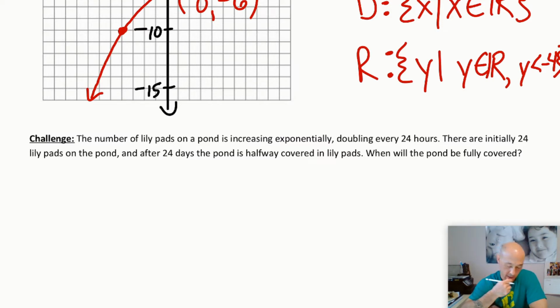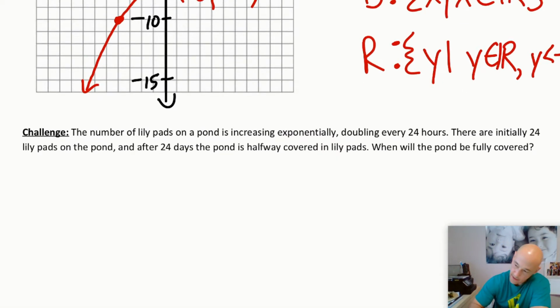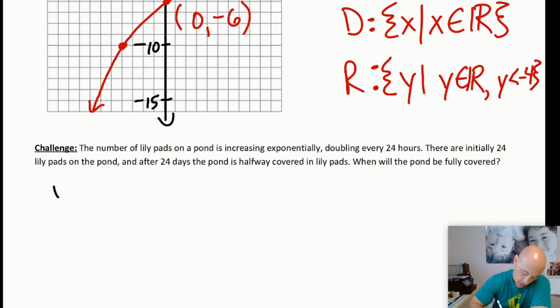So, if you think about this, there are initially 24 lily pads on the pond, and it's doubling every 24 hours. Well, 24 hours is one day. So the way we can think about that is that the initial value is 24.